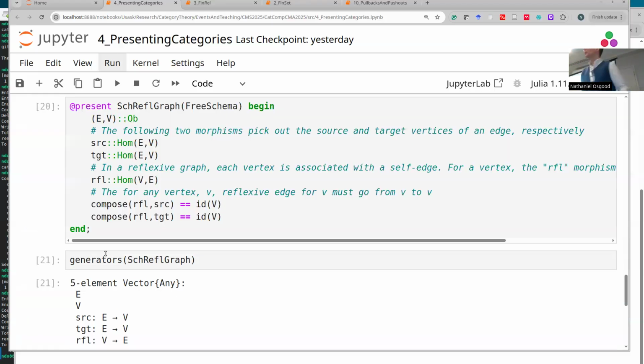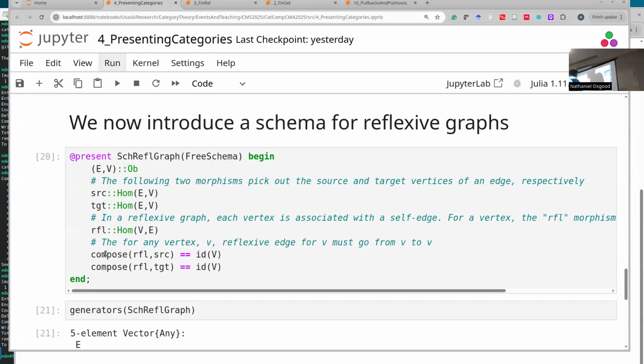This is what I'm about to show you. So the source morphism will specify for each edge its associated vertex. The source of this edge is this vertex. There's a target. The target of this edge is that vertex.